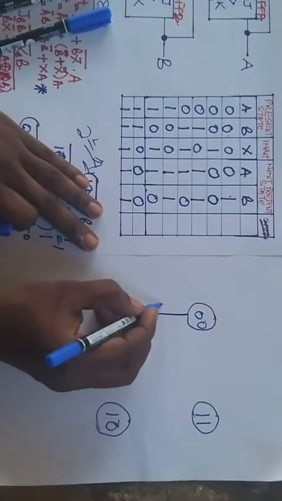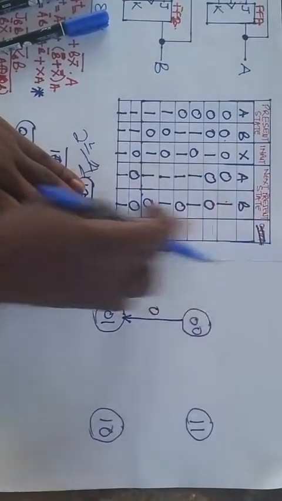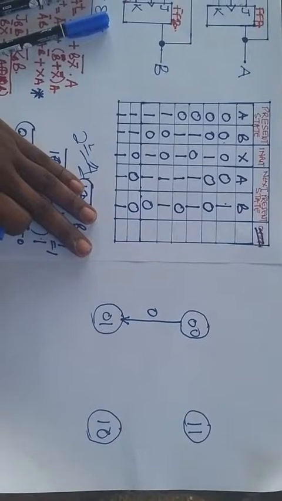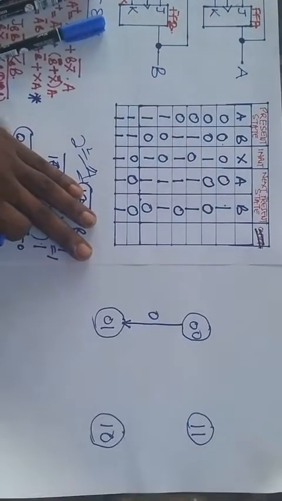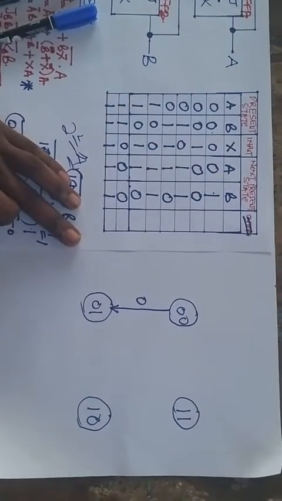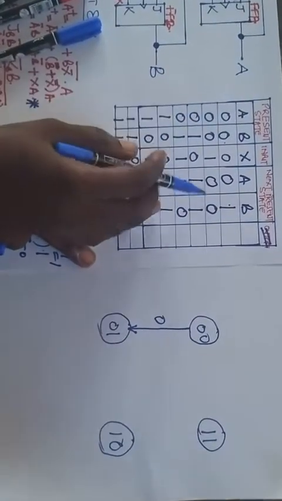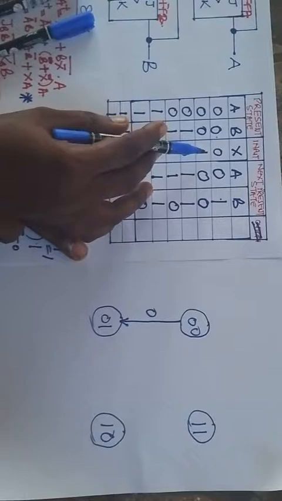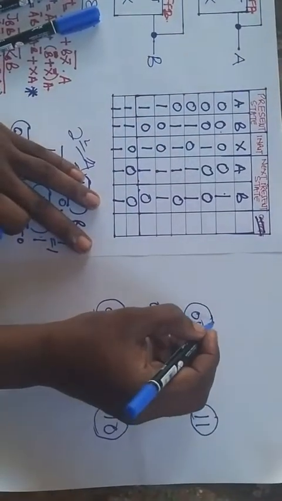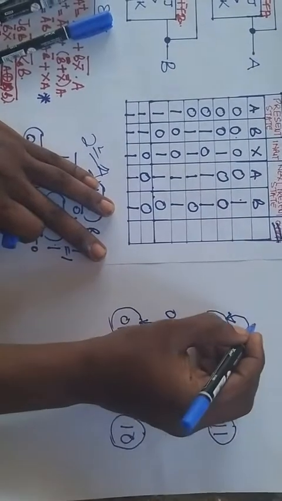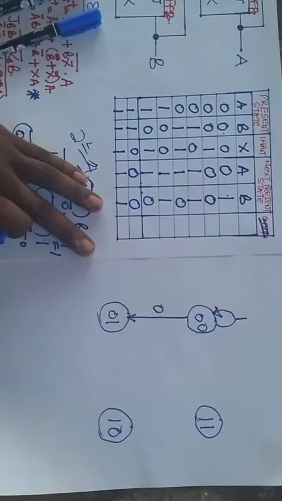So I have 0 here. Now we're not giving any output, so there's no need to do the slash. We only have our input. Now 00, it came to 00 when the input is 1.